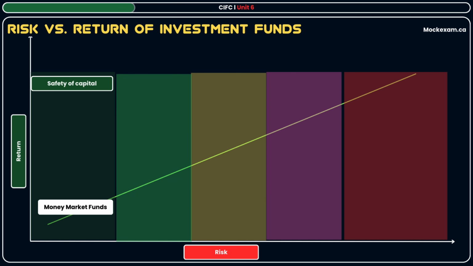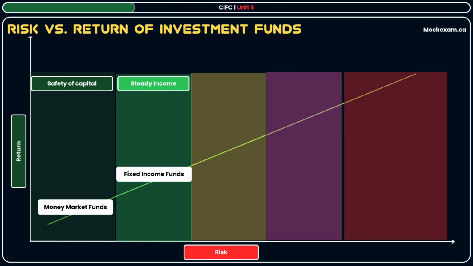The second type of mutual fund that has higher risk and higher return than money market funds is fixed income funds. Those investors who invest in fixed income mutual funds are looking for steady income, because fixed income funds have bonds in them.